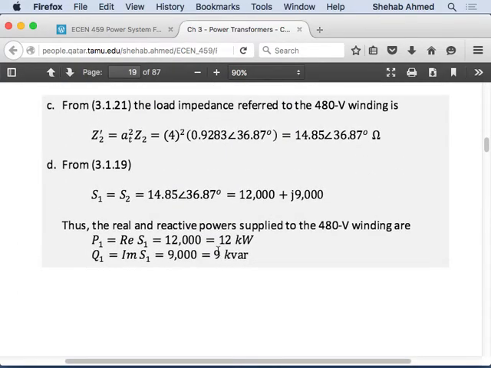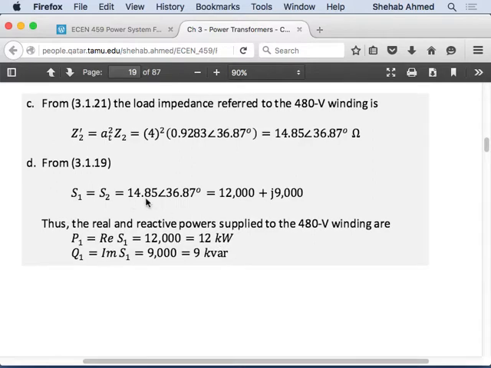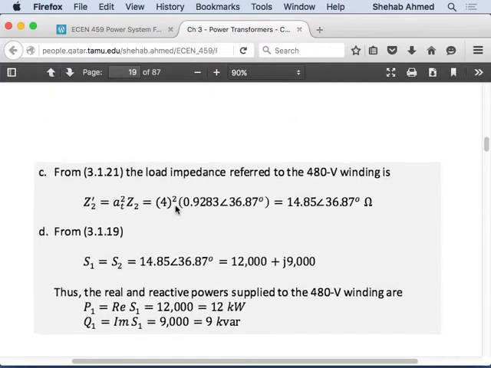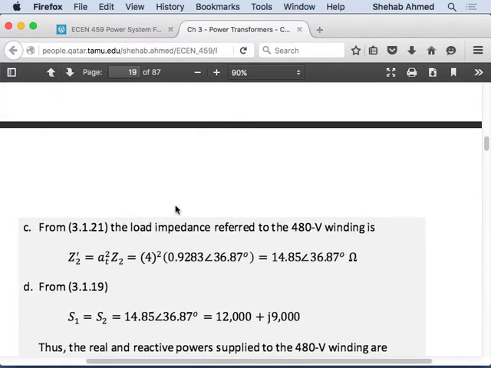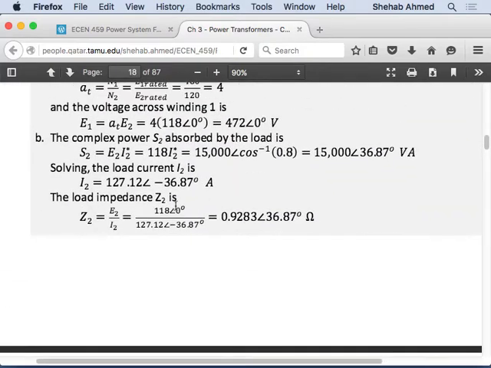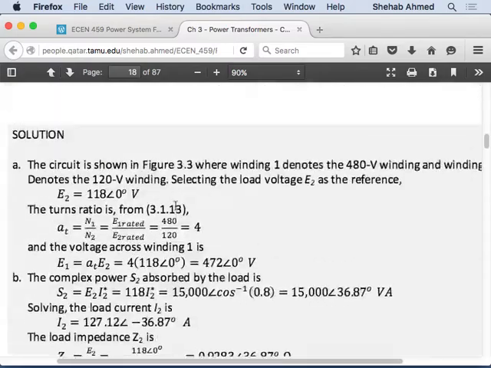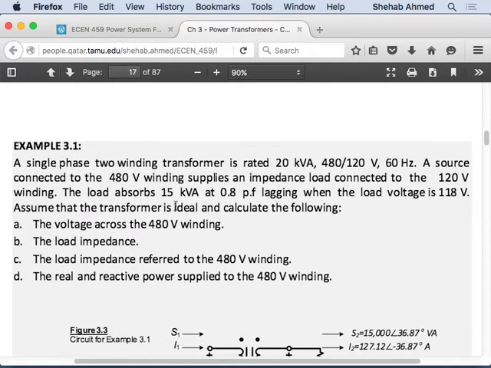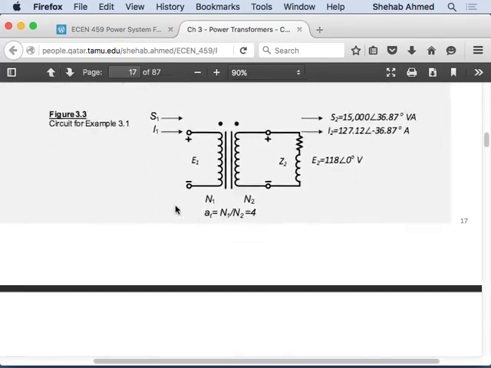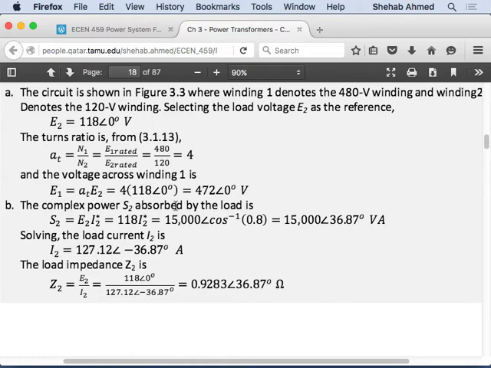So why didn't they use? Can you repeat, please? Why didn't they use the 15 kilo? No, they did, but it has a power factor, right? So it's 15 kVA with a certain power factor. So let's see. Why didn't they use?